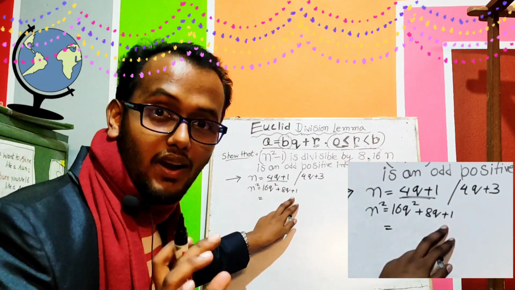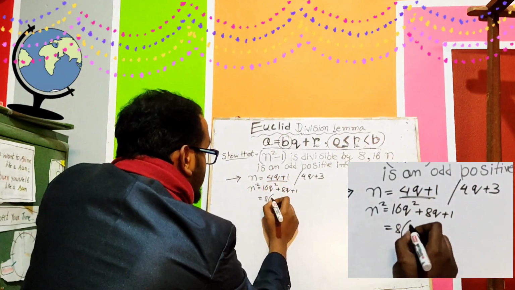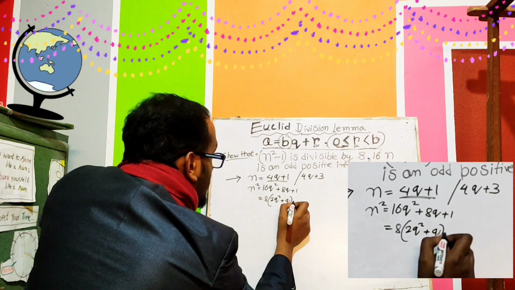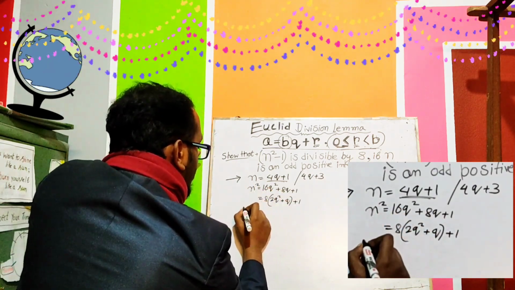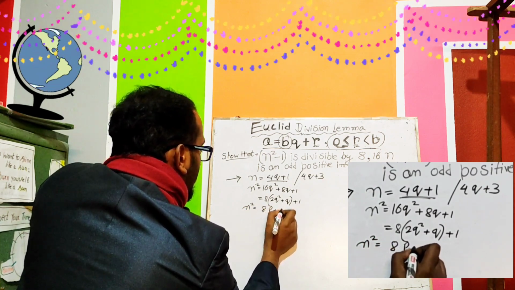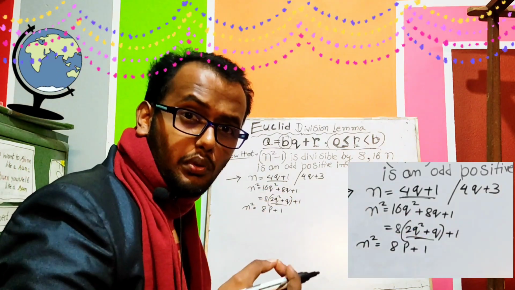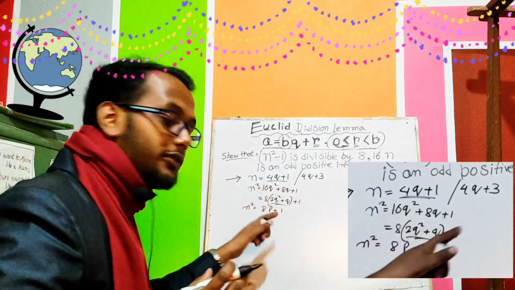I will say why later. So take 8 common, then 2q square plus q, plus 1. Now n square equals 8p plus 1. Let's consider p as 2q square plus q, so replace this with p.